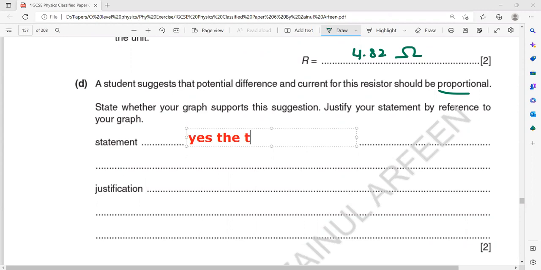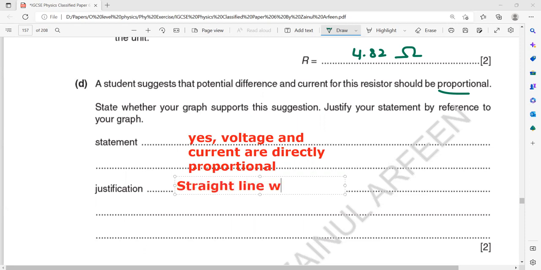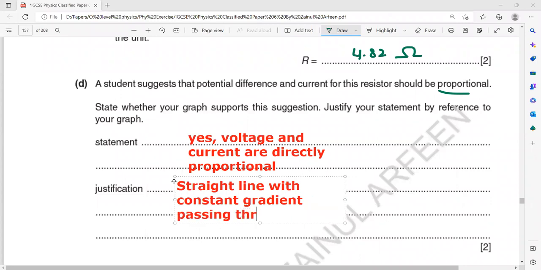So yes, here you can write: yes, voltage and current are directly proportional. And the reason is that it is a straight line with constant gradient passing through or starting from origin.